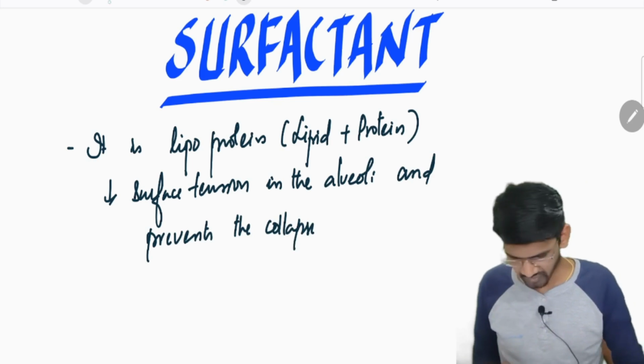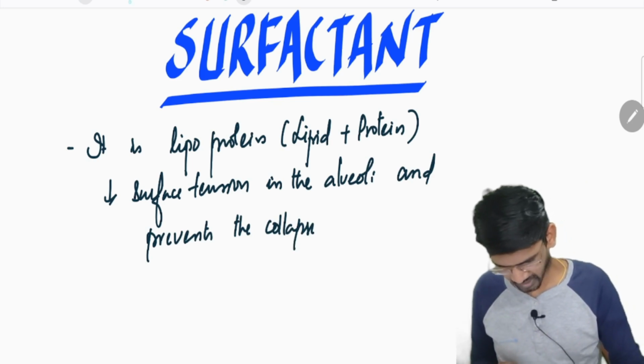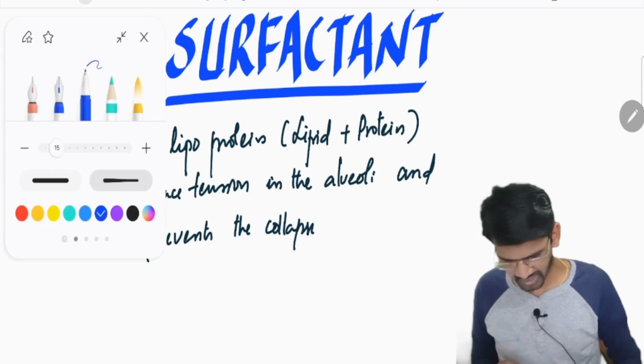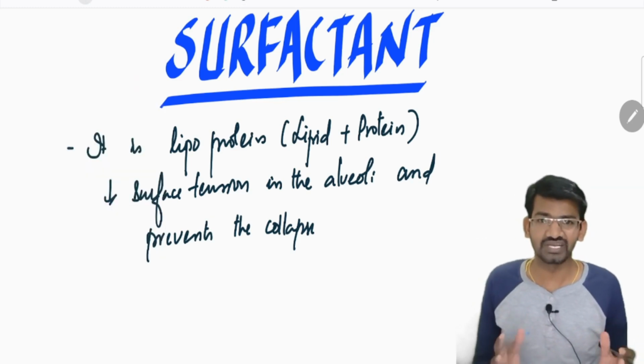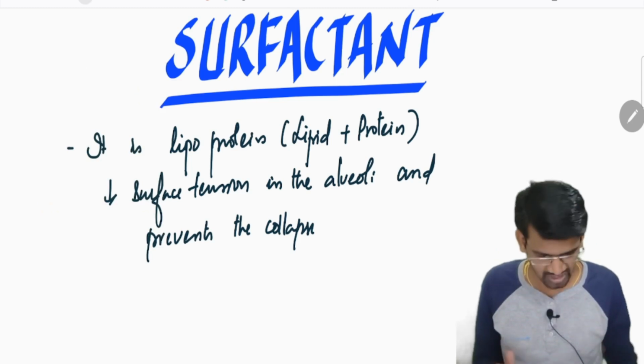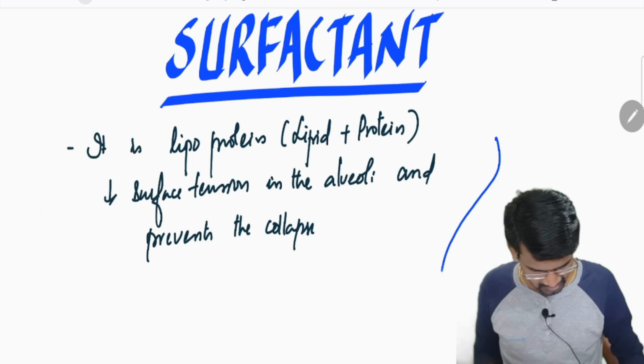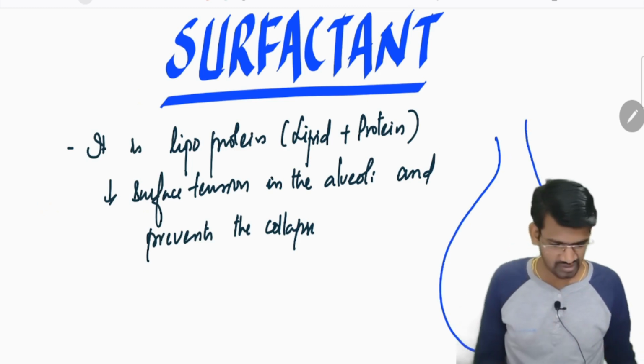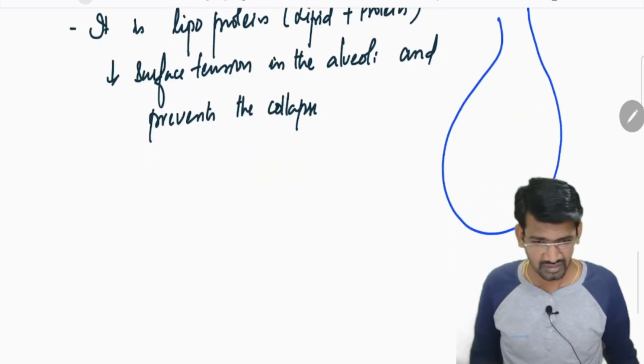When you look at the alveolar structure, I'll try to draw a diagram of alveoli. As you all know, alveoli are something like a balloon, or we can say a sac-like structure. Consider this as an alveoli.